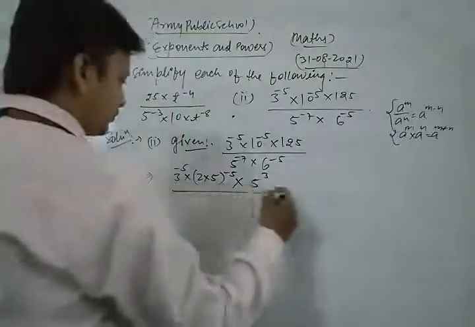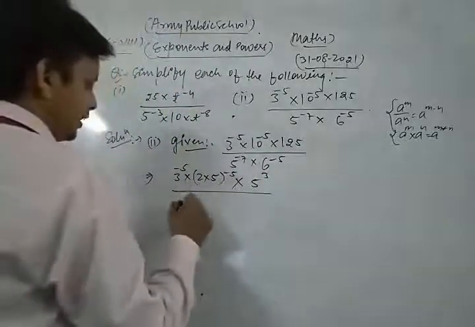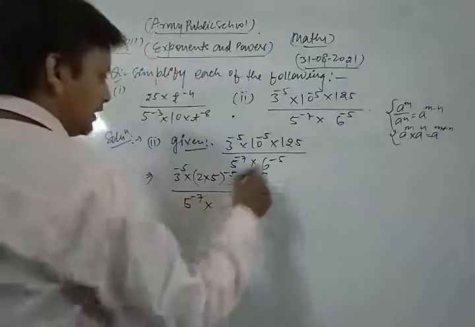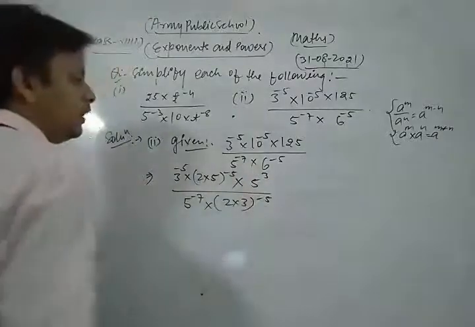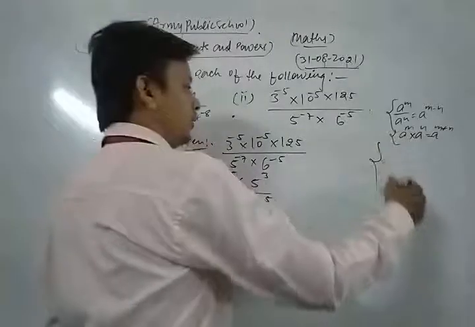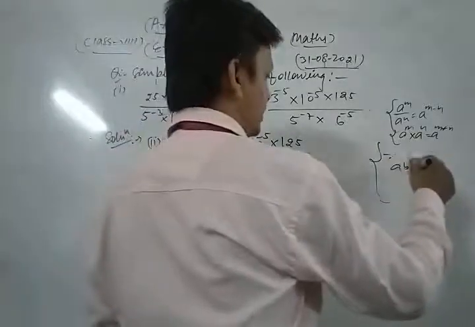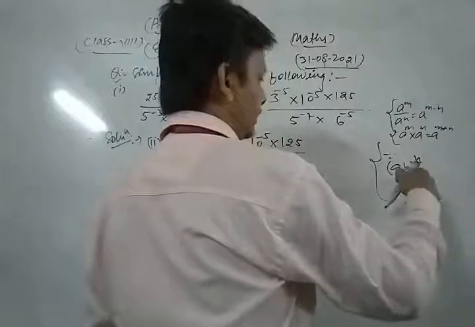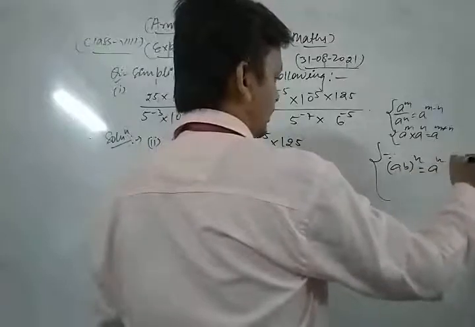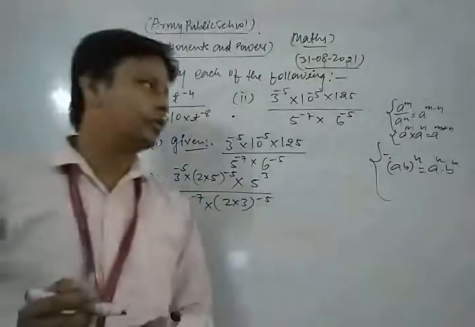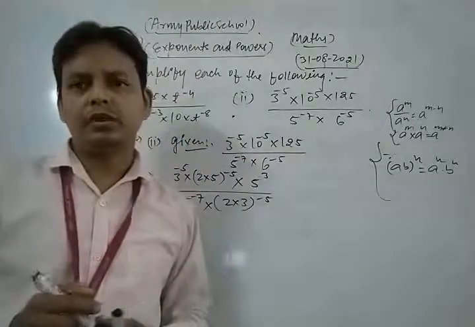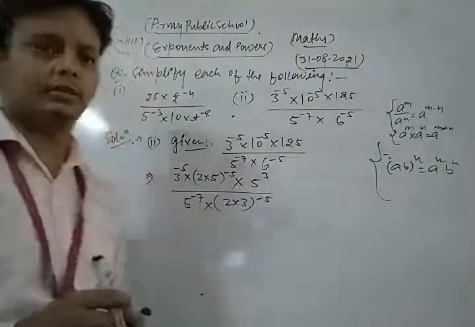In the denominator we can write 5 power minus 7 as it is, and 6 we can write 2 into 3 whole power minus 5. And dear students, you know a very important concept: if a into b to whole power n, if we break the brackets, then we can write a to the power n into b to the power n. This is also a very important concept related to this topic.